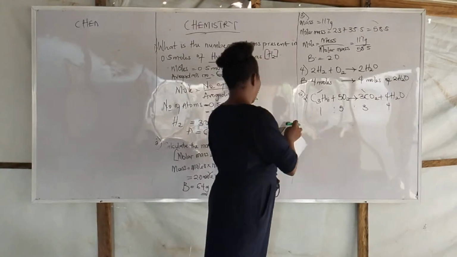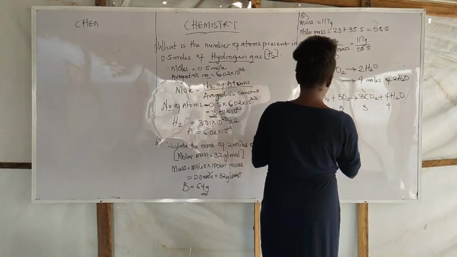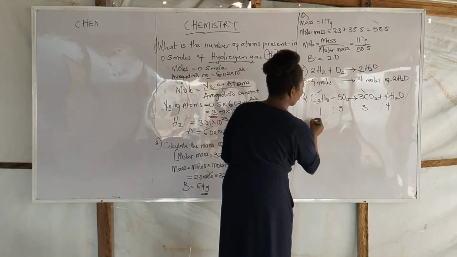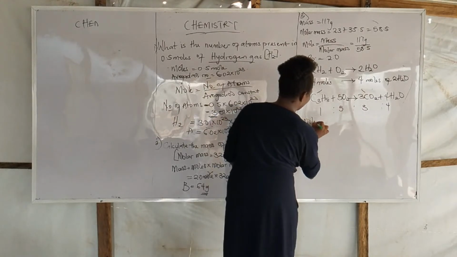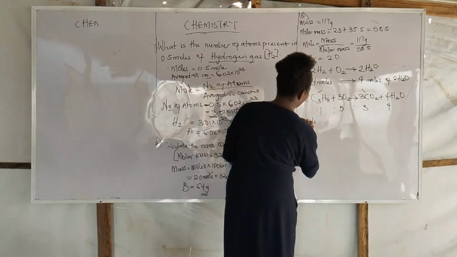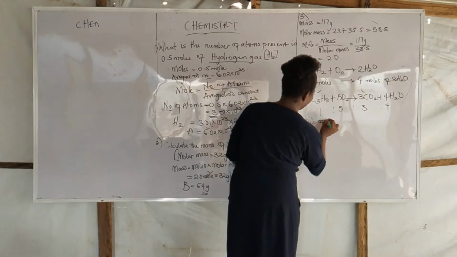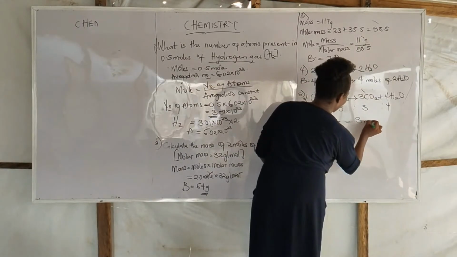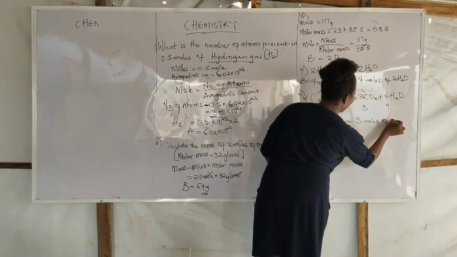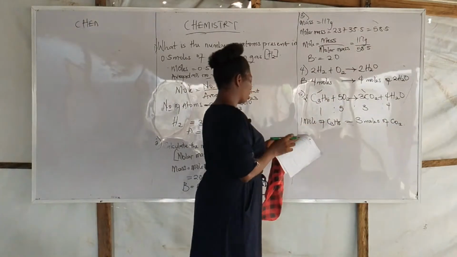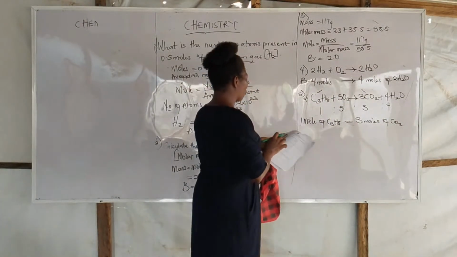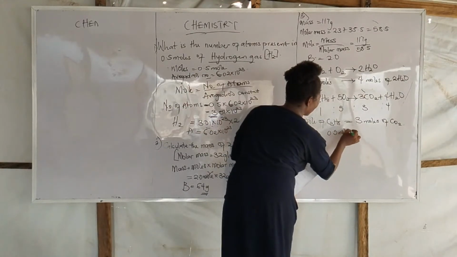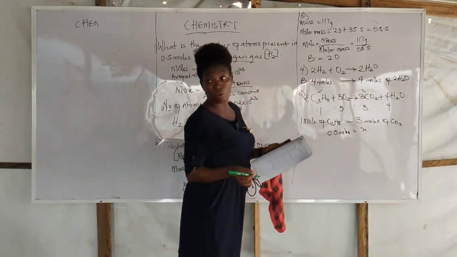Now let's calculate this. If 1 mole of propane is giving you 3 moles of carbon dioxide, then 0.5 moles of propane, what will it give you for carbon dioxide?